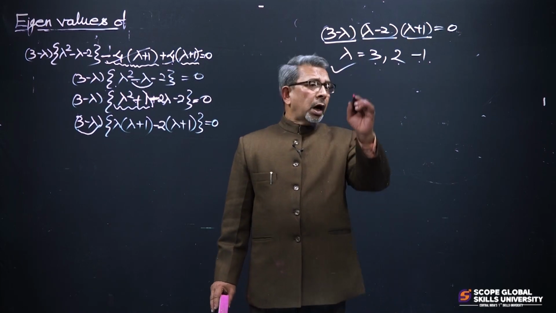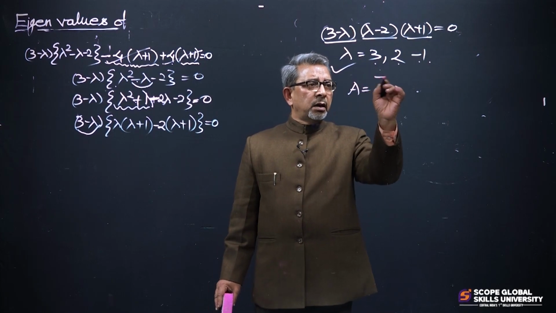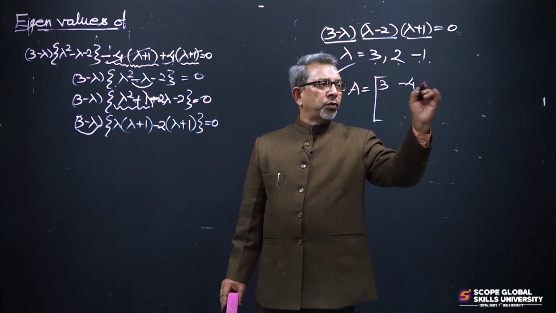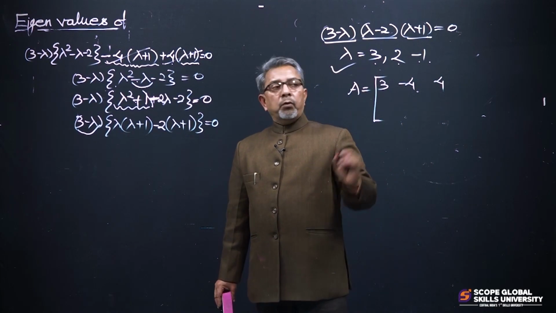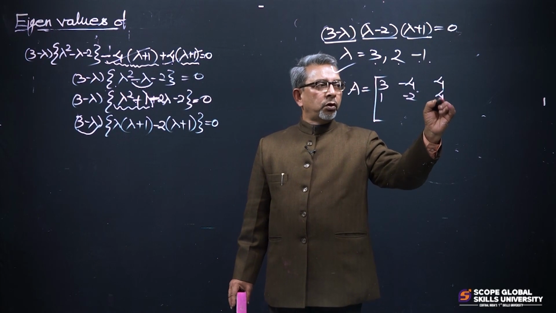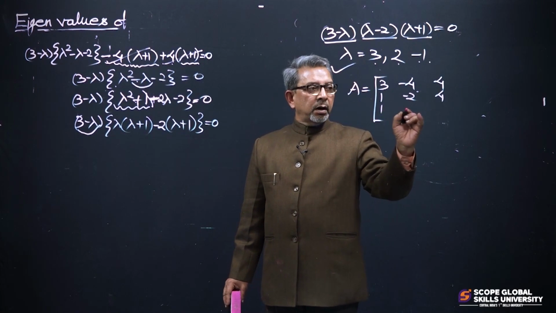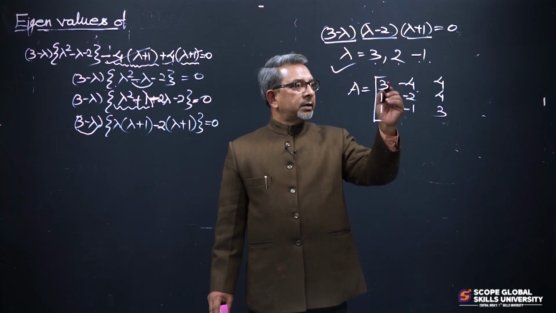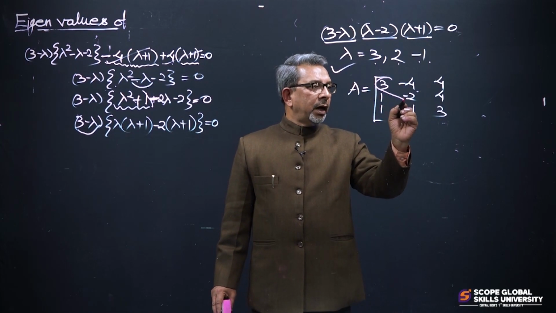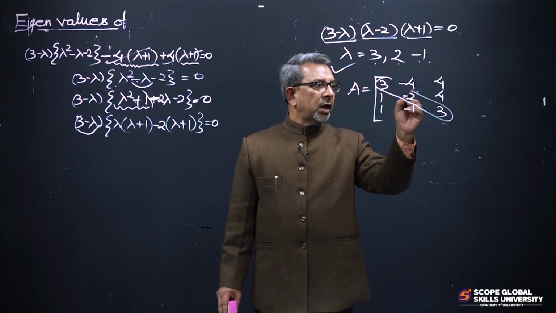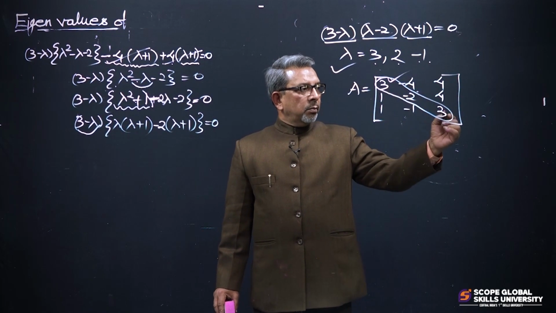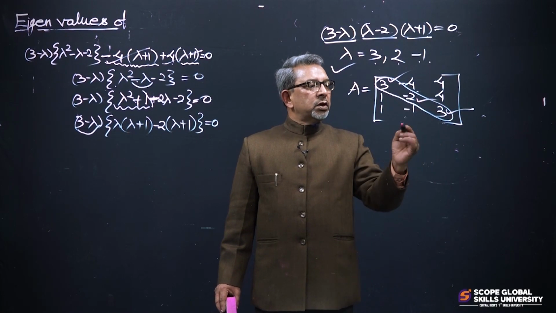If you recall, our given matrix was matrix A with elements 3 minus 4, 4, 1 minus 2, 4 and 1 minus 1, 3. After addition of all the elements in the diagonal position of this given matrix, 3 plus 3 is 6, minus 2 is 4.